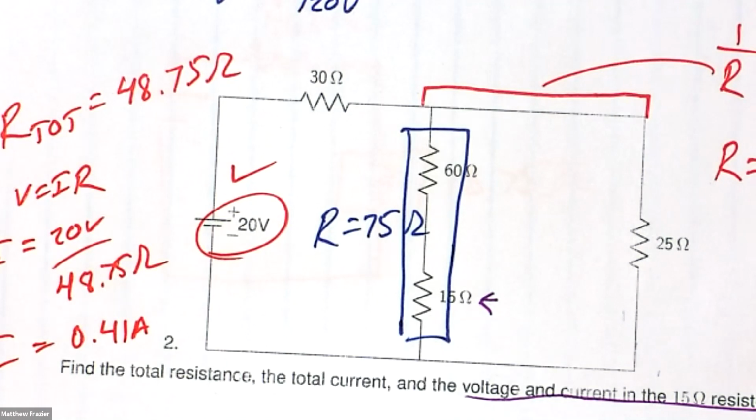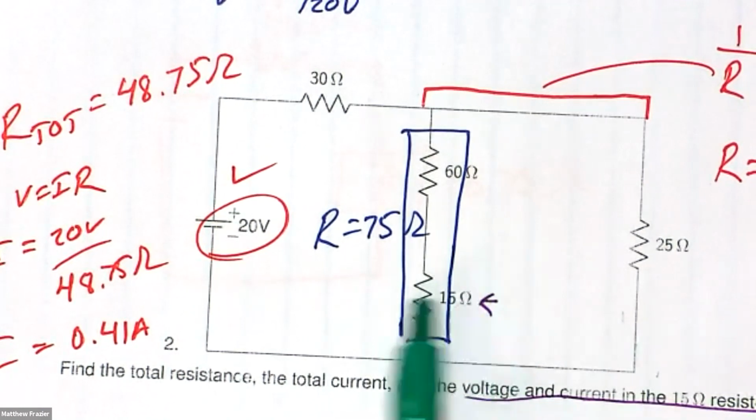So we found the total resistance, we found the total current. Now we've got to find what's in the 15 ohm resistor.